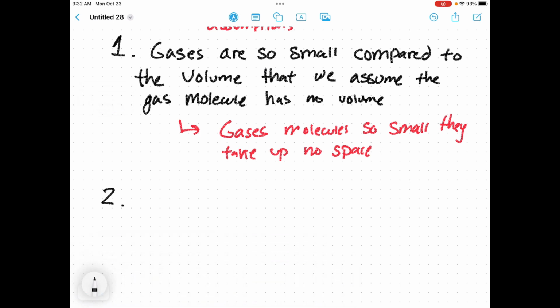The second postulate is essentially just saying that particles are in constant random motion. They're going to collide with the walls of the container, and these collisions with the walls cause pressure to be exerted by the gas.